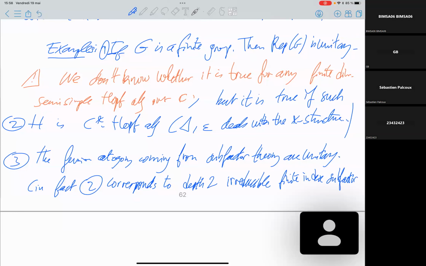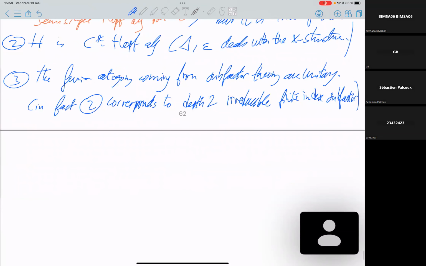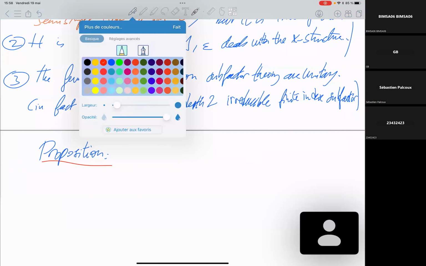There is a famous correspondence. I already mentioned that several times. And a proposition without proof here: unitary implies pseudo-unitary.